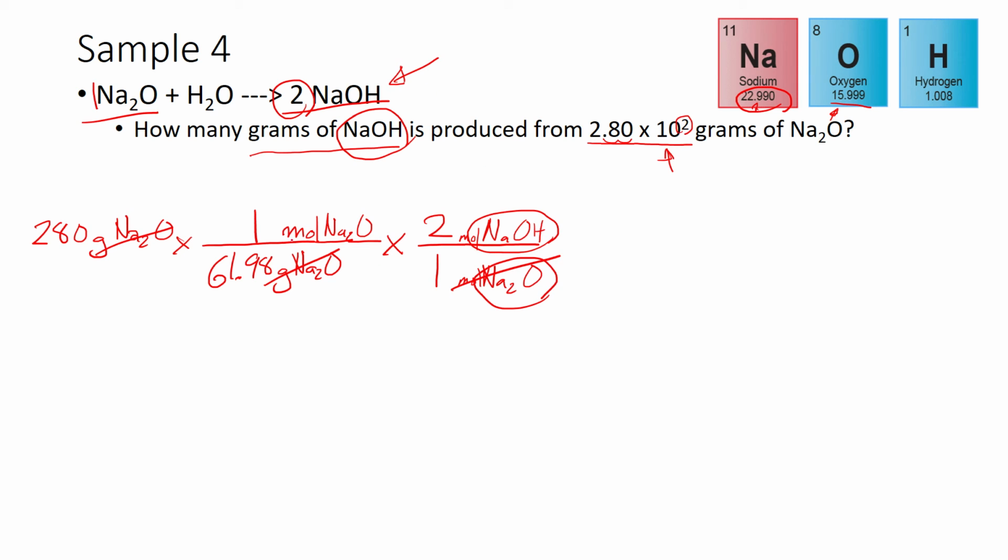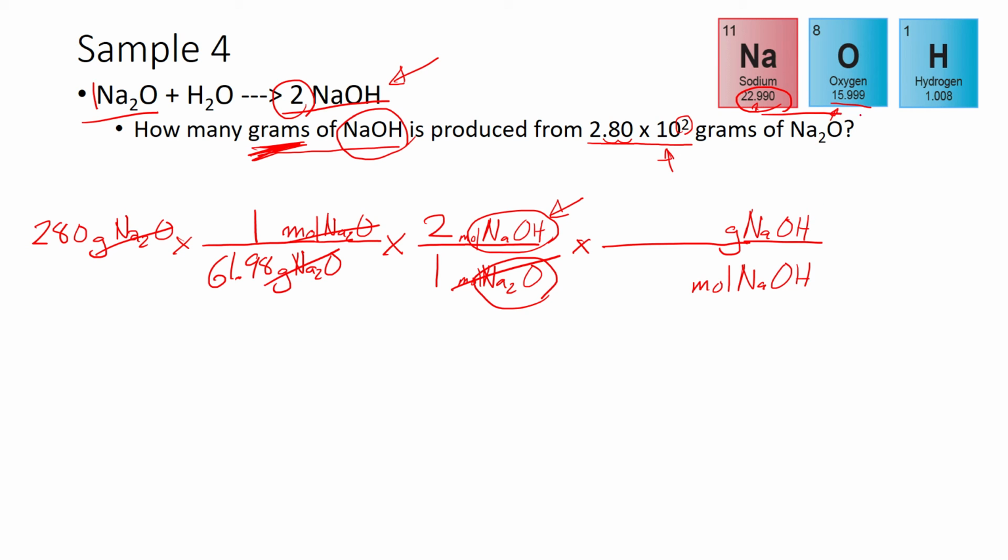I am no longer in moles of Na2O. I am now in moles of NaOH. But the problem does not want moles of NaOH. It wants grams of NaOH. So let's put moles of NaOH on the bottom, right? And let's get into grams of NaOH.